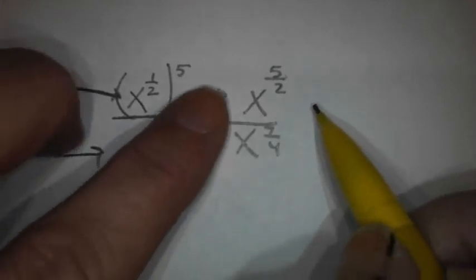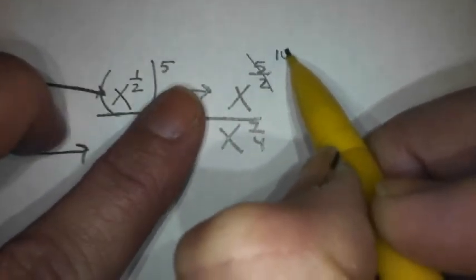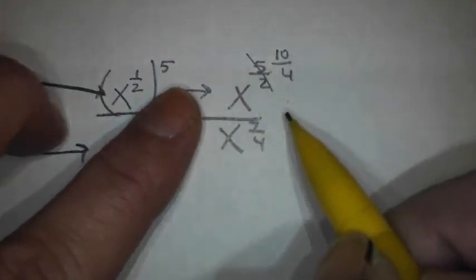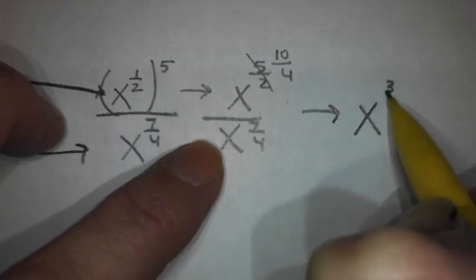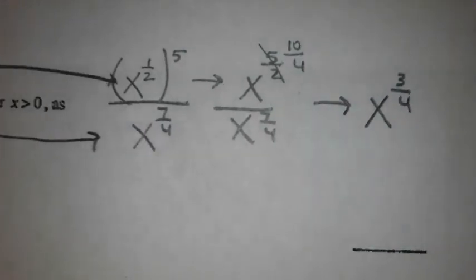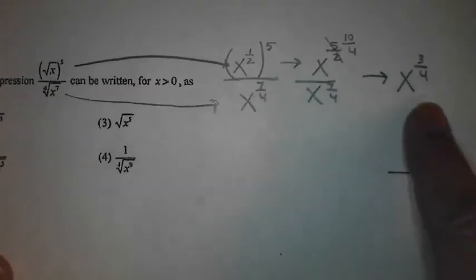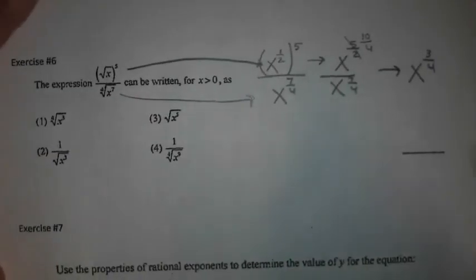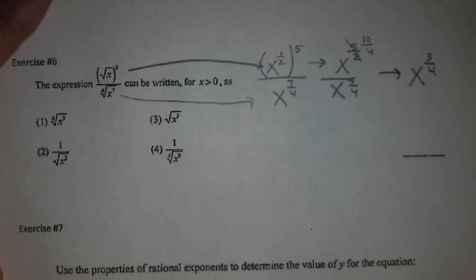Subtract. So I need a common denominator. So 5/2 is really the same thing as 10/4. Are you with me there? Yes? 10/4 minus 7/4 is 3/4. So if I was going to give an answer in final exponential form, that would be it. Obviously my answers are not in exponential form, but which one is equivalent to x to the 3/4?